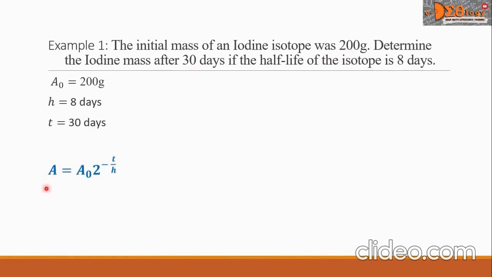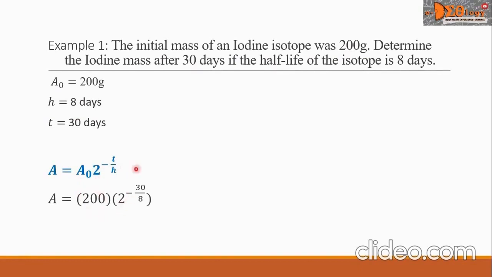Then let us write the formula. A equals A sub 0 times 2 raised to negative T over H. Let us now substitute the values. The A sub 0 is now 200. The 2 is a constant.